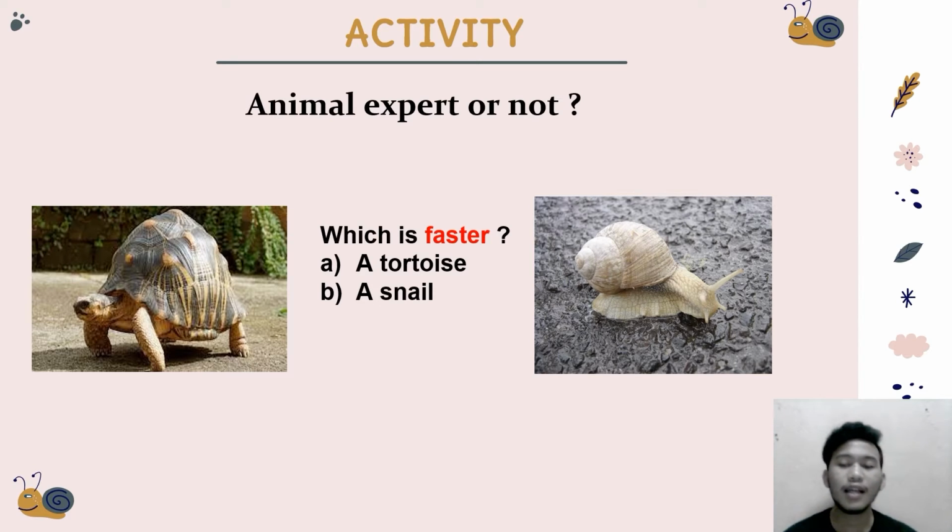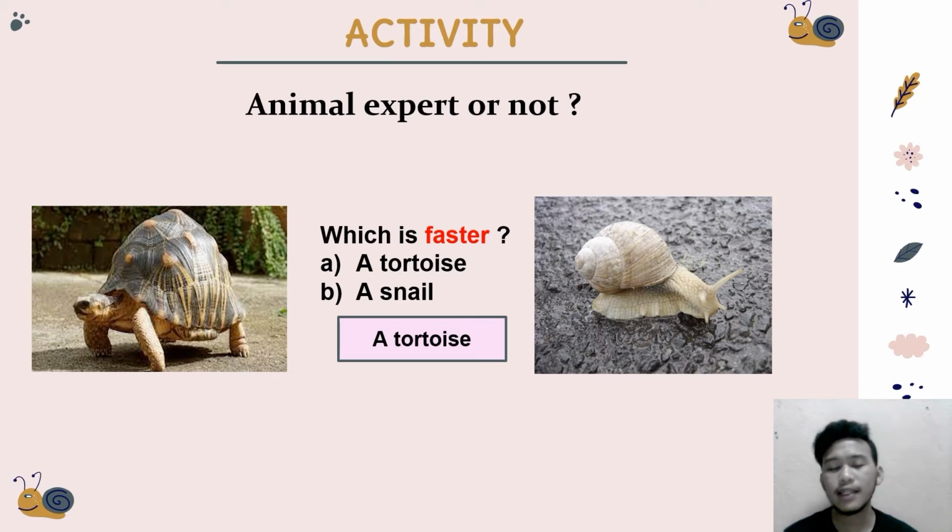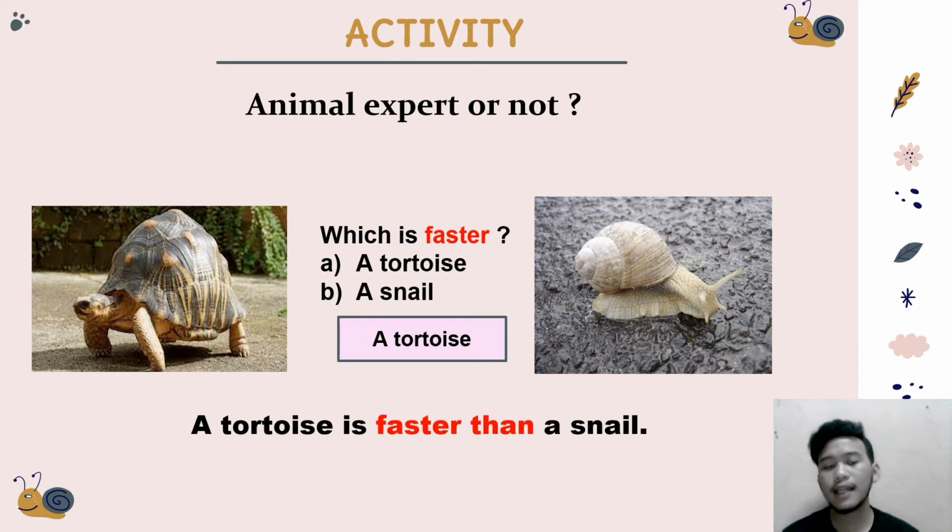However, the question is, which is faster? Is it a tortoise or a snail? Which one is faster? Yes, very good. The answer is a tortoise. So you can say that a tortoise is faster than a snail.